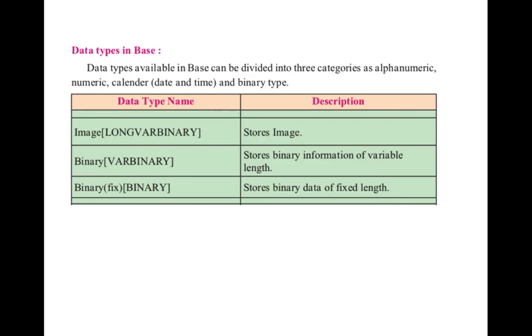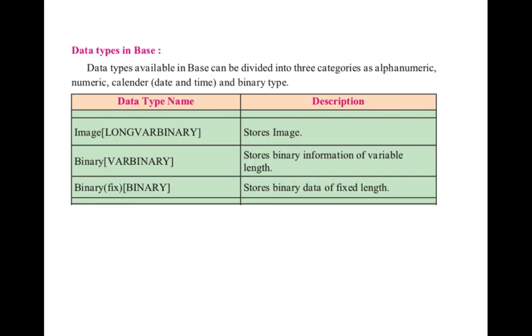Now the binary data type. Data that cannot be saved in numeric format and cannot be saved in textual format will be saved in binary. Again, there is a fixed binary, a variable binary, and a long binary, depending on the memory space we want to allot for that particular data.